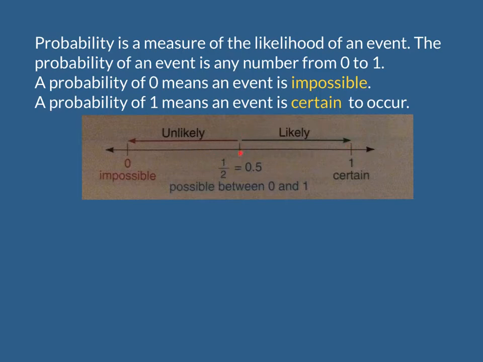So we know that 1/2 right here, that's the middle point. Anything below 1/2, you would say it's unlikely to occur, and anything greater than 1/2 would be likely to occur. And anything in between here, as long as it's greater than 0, it's possible that it's going to occur.